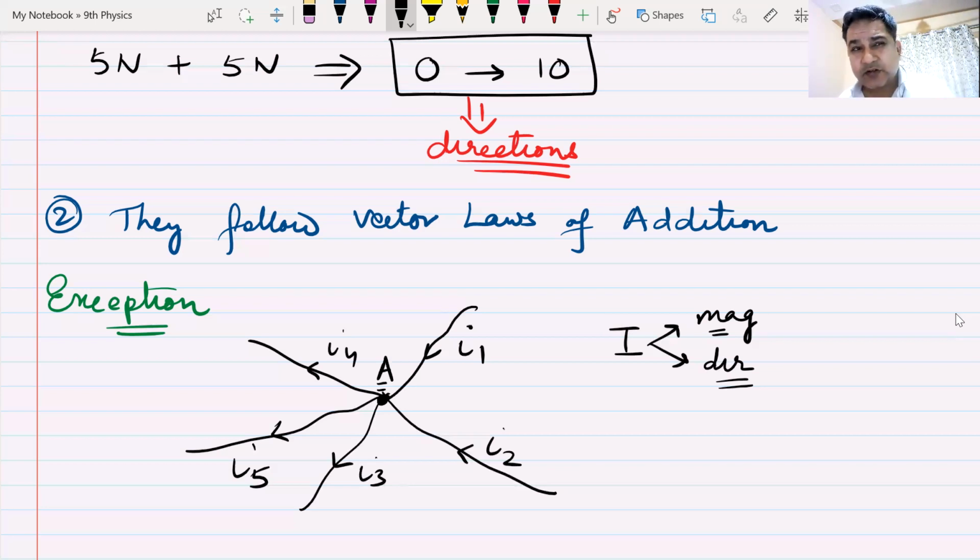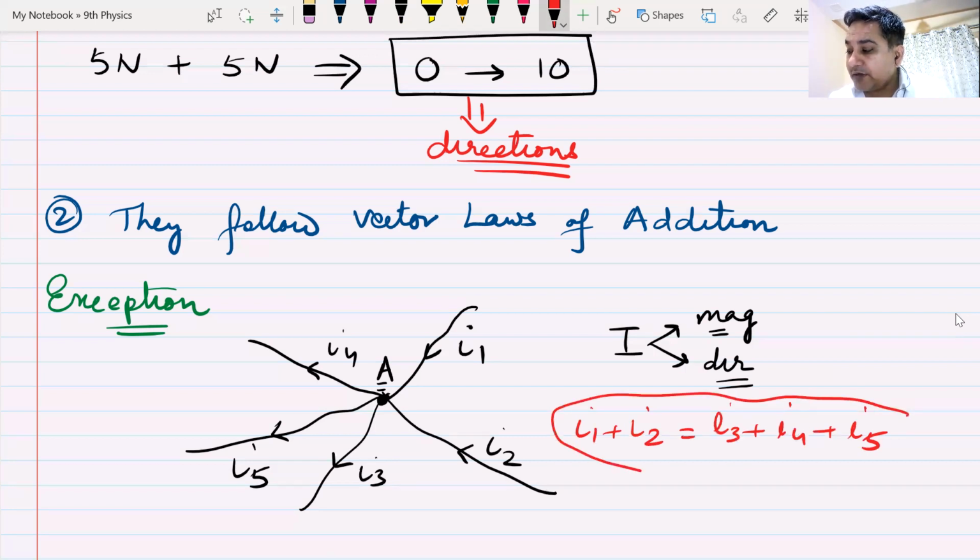Are they following vector law of addition when meeting at this point? They do not follow vector law of addition. You will do this probably in your next class or maybe in 12th standard: you will find that I1 plus I2, the incoming current, is equal to I3 plus I4 plus I5, the outgoing current.